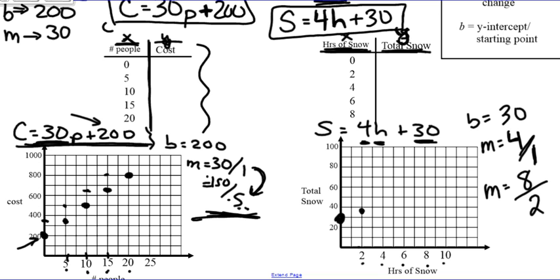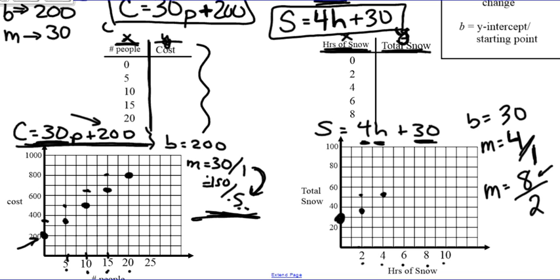What's next? I need to go up another 8. Well, it's hard if it's not marked to do that. But a rise of 8 would be from 38 to about 46. So up to 46, but a run of 2. And there we go. And we can keep doing that movement.